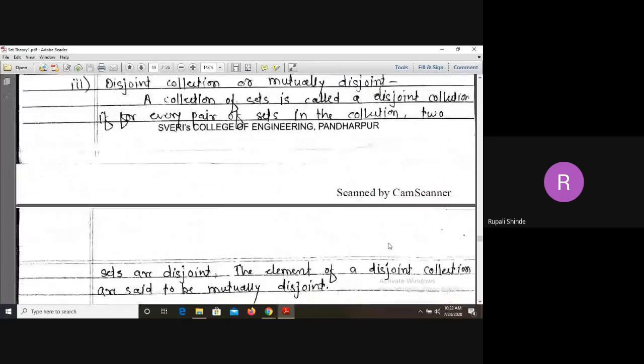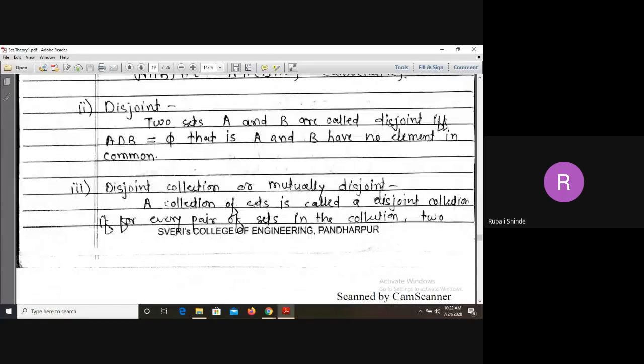So just take this definition for disjoint. Two sets A and B are called disjoint if and only if A intersection B equals phi. That is, A and B have no elements in common.